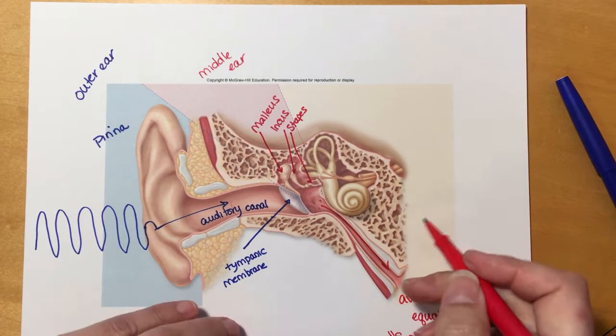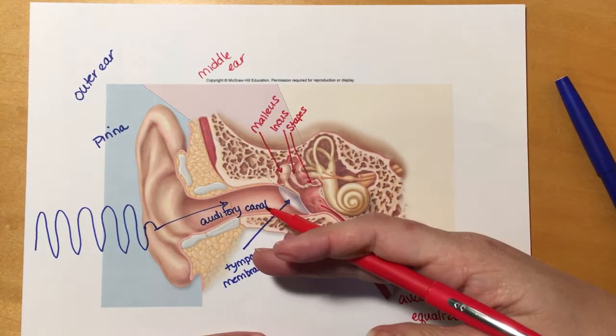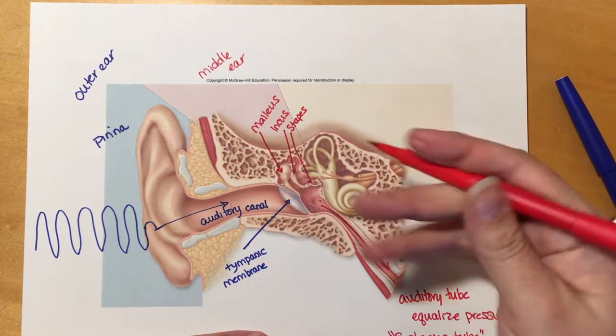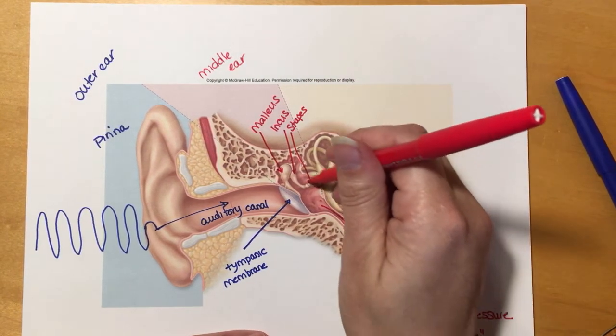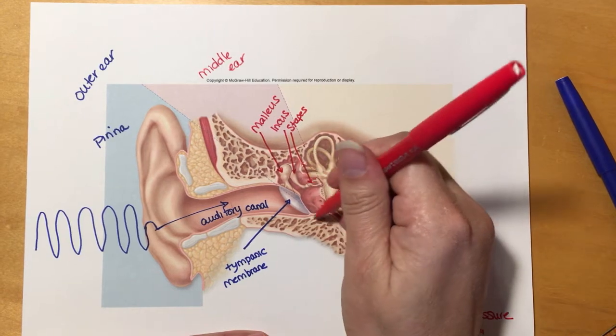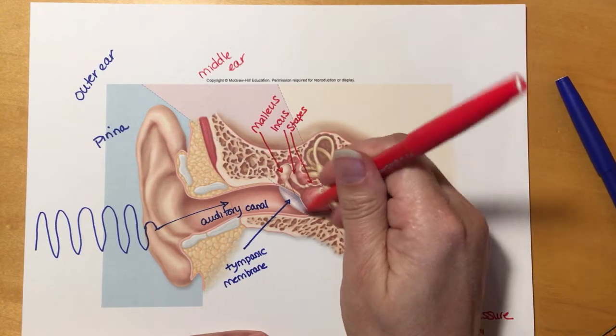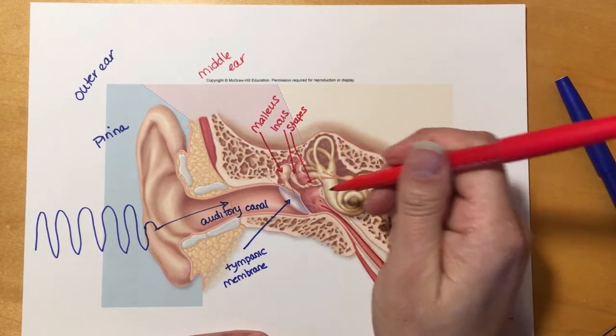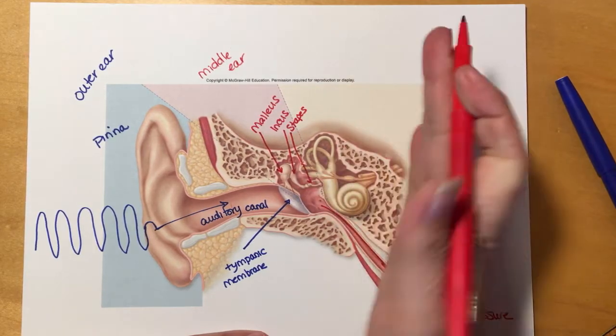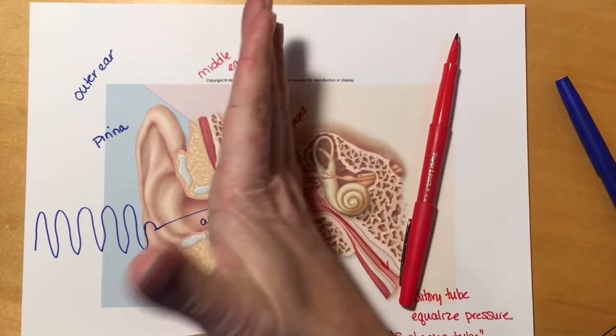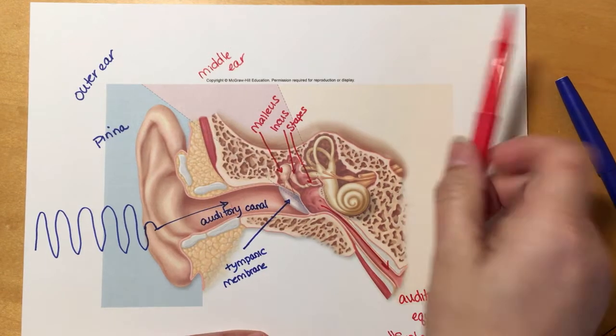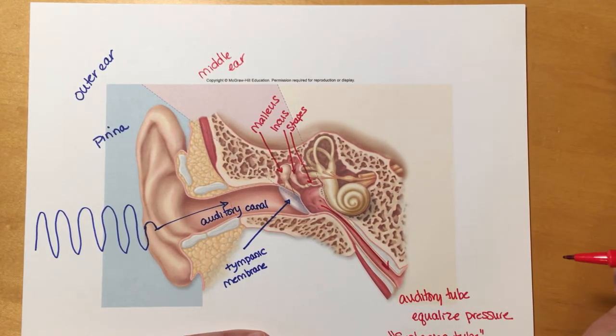And because this auditory tube is short at a horizontal angle, those bacteria can sometimes get up back in here and cause inflammation and edema. And all of that inflammation and edema puts pressure behind the tympanic membrane and actually pushes it out. And that can be quite painful. That is the function of the auditory tube, is to equalize pressure.